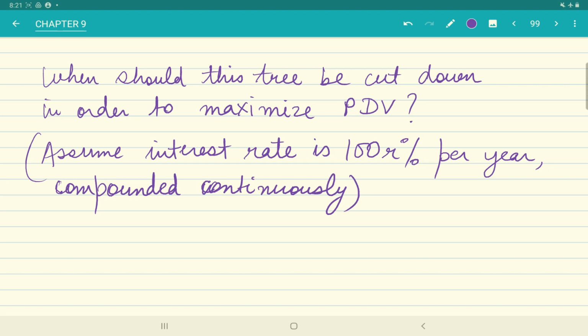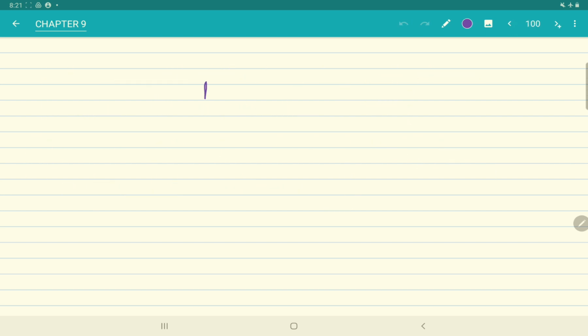If interest is compounded continuously, then from what we have studied in chapter 8, we know that the present discounted value is going to be P of t multiplied by e raised to the power minus rt. Obviously it's a function of t. Present value is this.